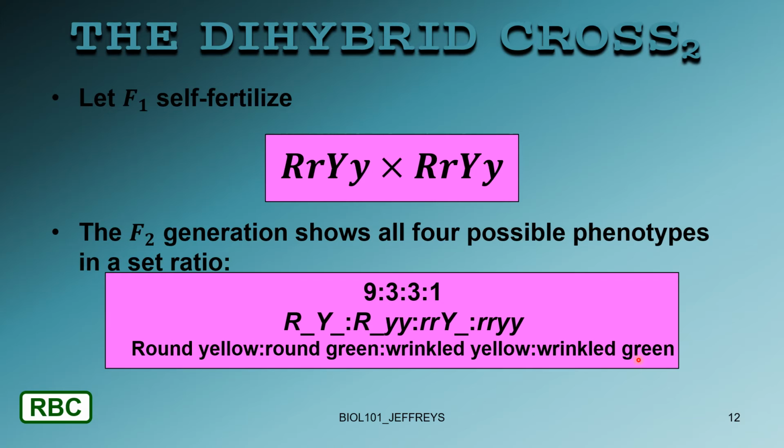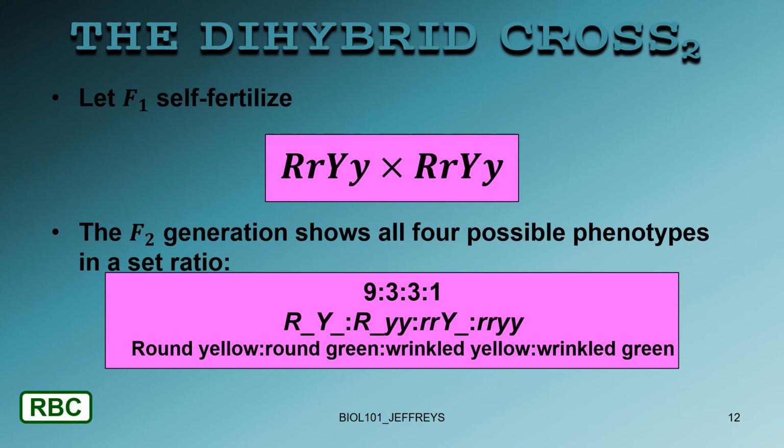Okay, so here yellow is the dominant seed color, round is the dominant seed shape, and so we end up with only 1 out of the 16 plants that is homozygous recessive, right? That's wrinkled, little r, little r, and green, little y, little y.